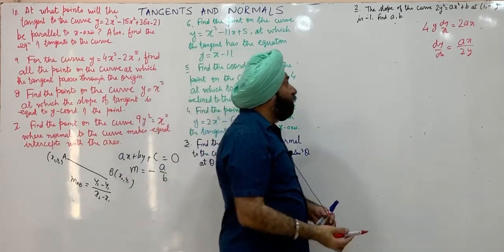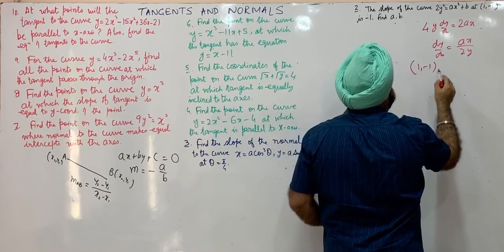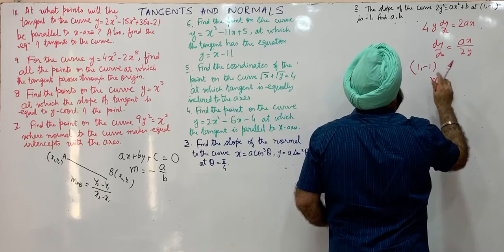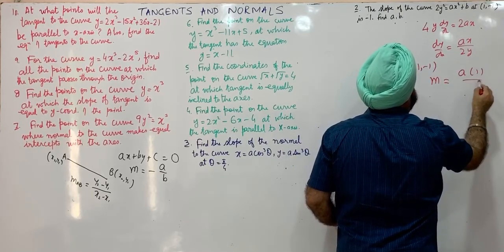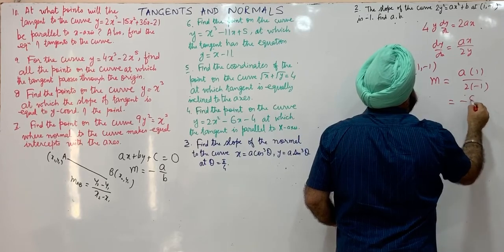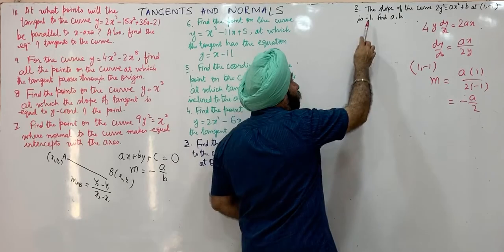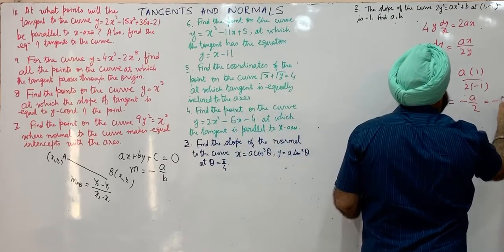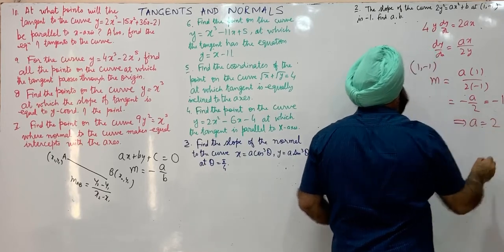To find the slope at the particular point (1, -1), we put x as 1 and y as -1. This is -a/2, and we are given that the slope is -1, so this is equal to -1. So we get the value of a as 2.